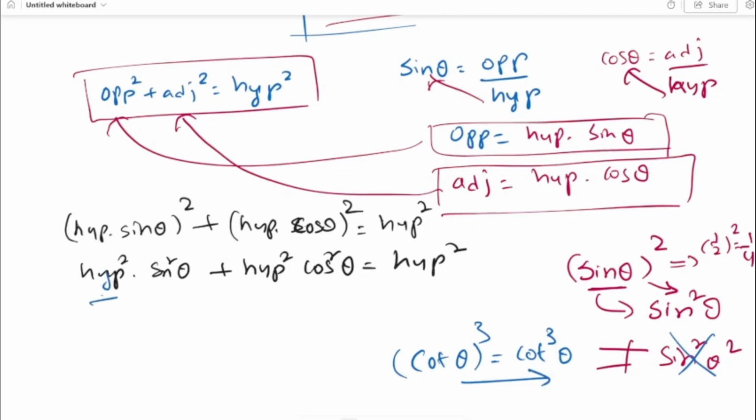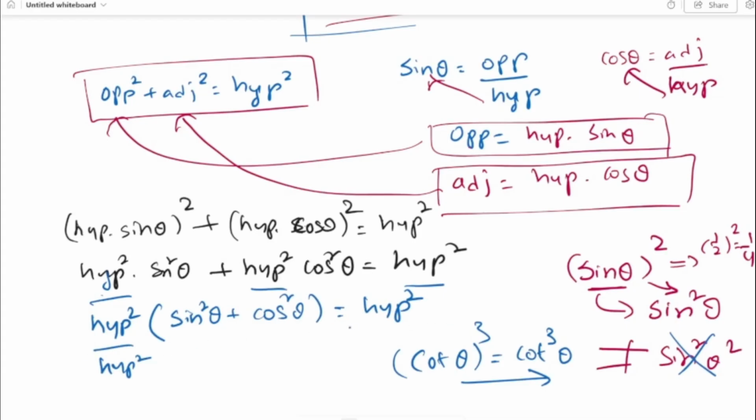Now, coming back to this original equation, hypotenuse square is common across all of these. So I can take hypotenuse square as the greatest common factor. So I'm left with sine square theta plus cos square theta equal to hyp square. I can divide hyp square throughout. So I'll get rid of hyp square. Cancel, cancel, cancel.